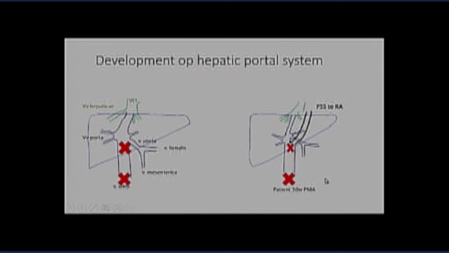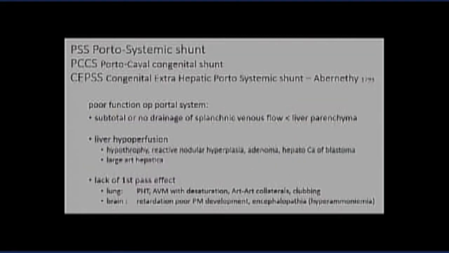And so one can presume that at birth the normal functions will occur, but the big question is, is this vessel going to close, yes or no? Because if it does not close, this is an escape route for the splanchnic venous blood that can bypass the liver. Now, those portocaval shunts, they have a lot of names.